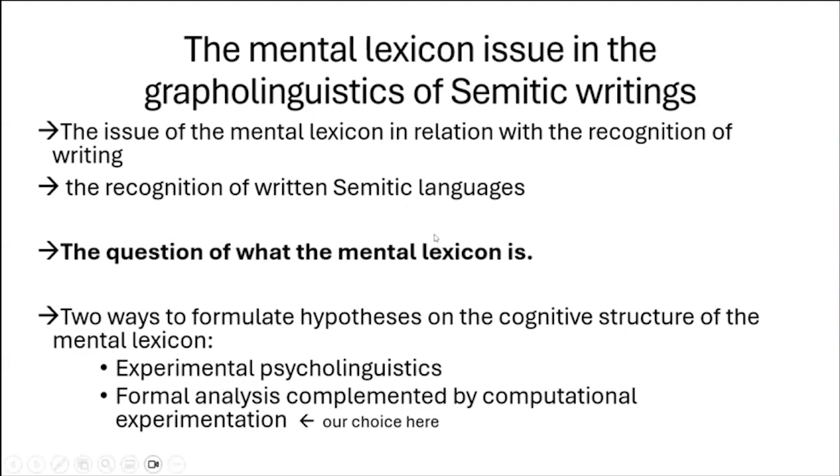So what is the mental lexicon? It's not only in Arabic, we also have things like that in Hebrew, but I put them aside not to spend too much time comparing. The word form is agglutinative, which makes it even more difficult to read. In fact, it brings reading in Arabic as contour reading.